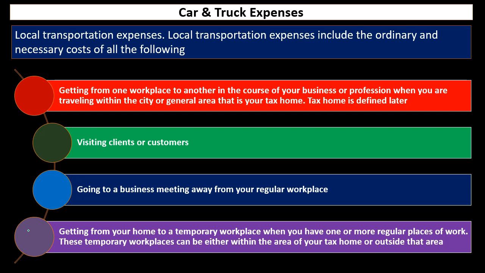What if you have a couple different places that you go to a lot? Then you have a question of, well, we're going to have to label one if the commute isn't qualified. We have to label one as basically the primary workplace and the other one as the secondary workplace, and possibly then the drive to the secondary workplace, possibly you would have the deduction for, whereas the primary workplace, then you would possibly not, because it would be basically a commute.